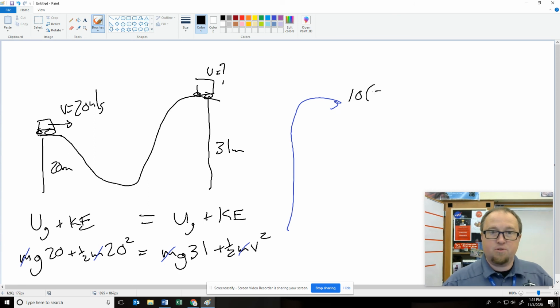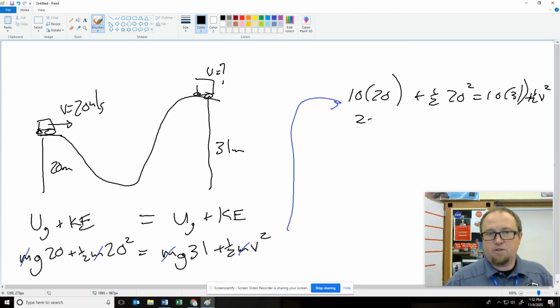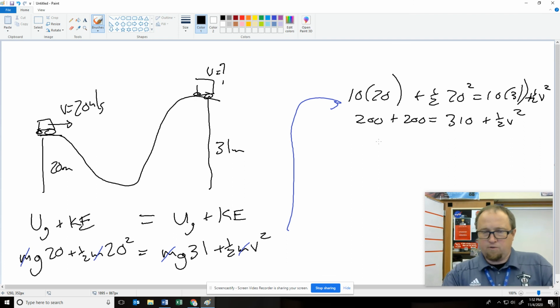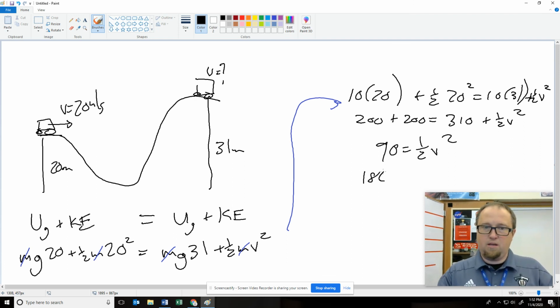So you got 10 times 20 plus 1/2 of 20 squared equals 10 times 31 plus 1/2 of v squared. Okay, so that was 200 plus 200 equals 310 plus 1/2 of v squared. 400 minus 310 is 90, which is 1/2 v squared. So 180 equals v squared.